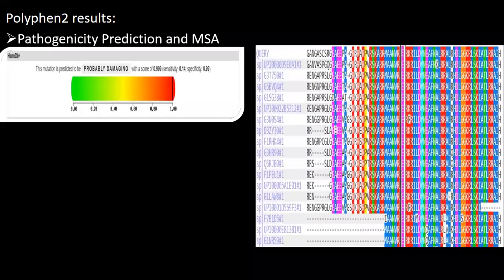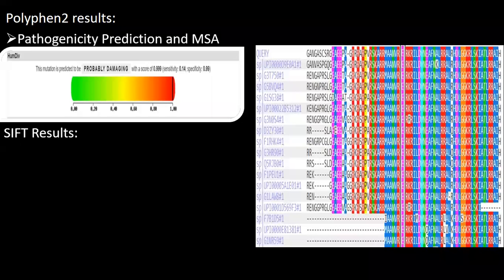If we check the location of our gene, there is a non-conserved part, meaning the mutation site is non-conserved because the mutation occurred. The wild type amino acid was conserved, and now the mutant amino acid is non-conserved.